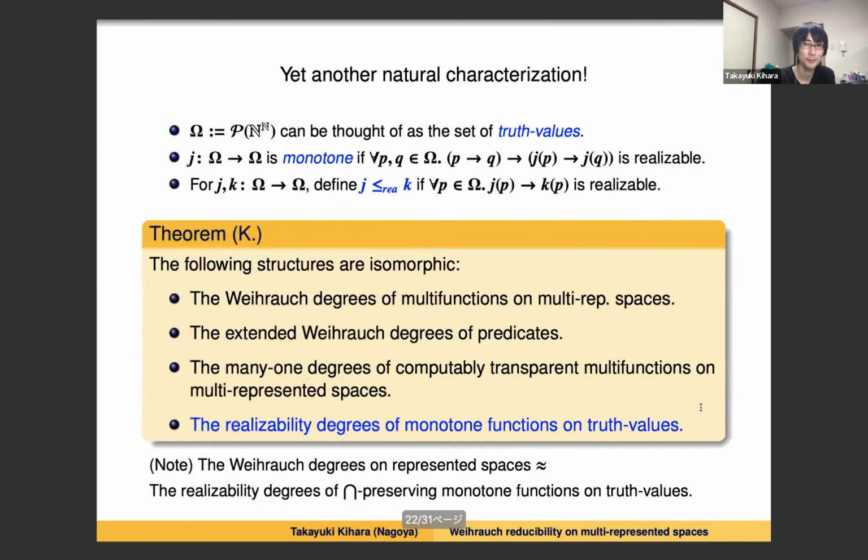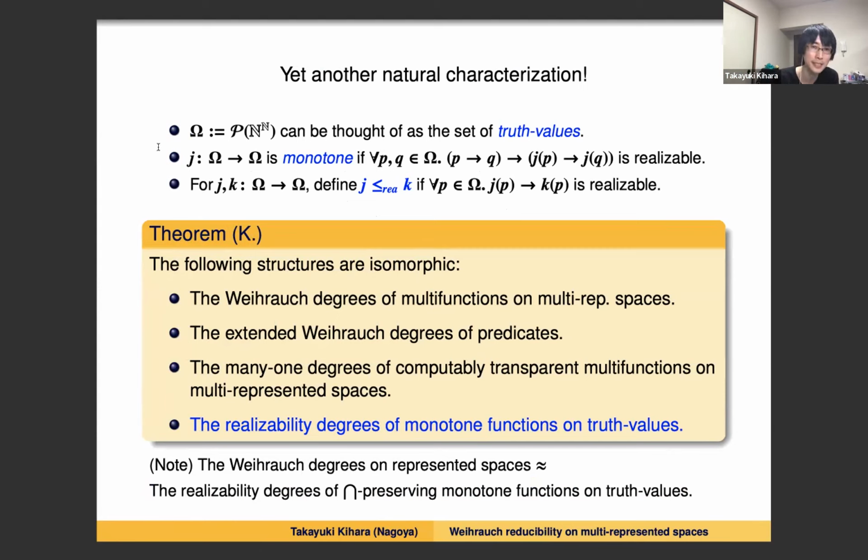Okay, and also, yet another characterization. There are a lot of characterizations of Weihrauch reducibility of multi-represented spaces. So, for example, we consider truth values.